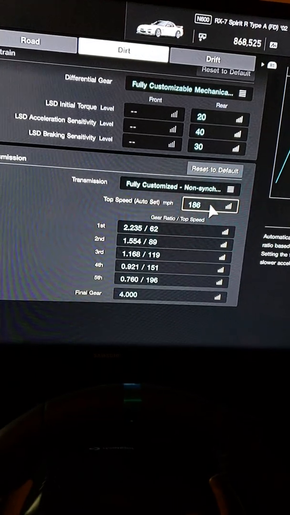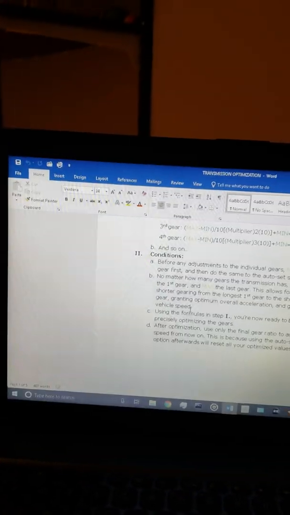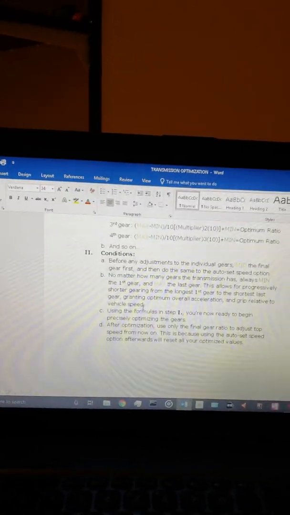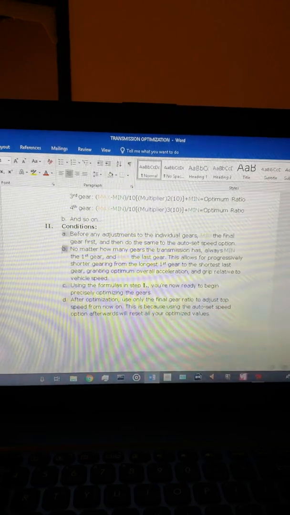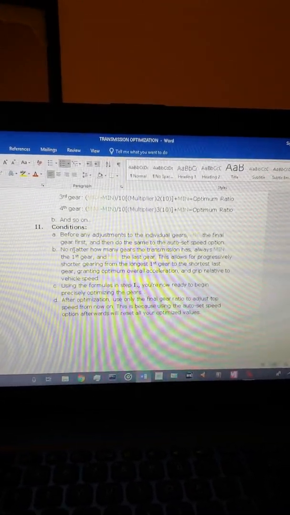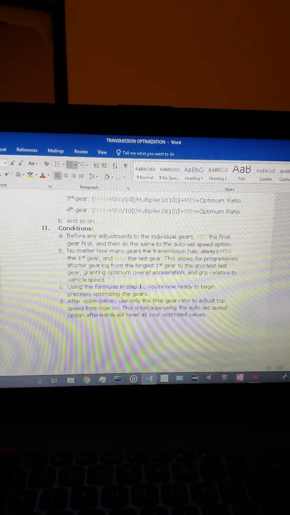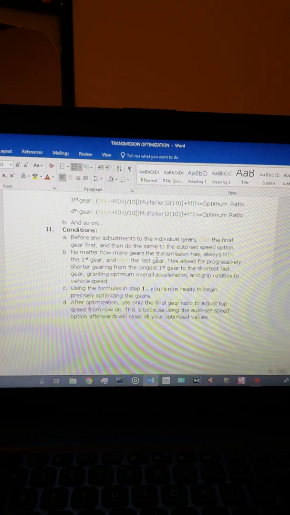Now the other steps include, no matter how many gears the transmission has, this is going to be B right here. Always minimize the first gear and maximize the last gear.